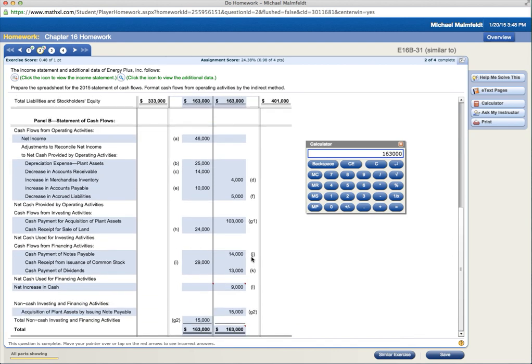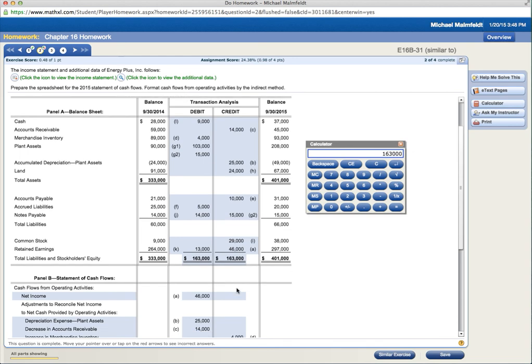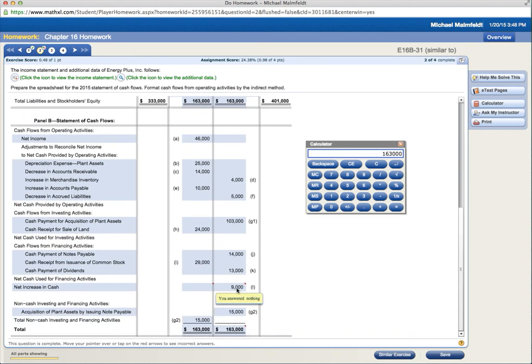So it's trying to tell me that this would be a $9,000 here. And then it would be in that column instead of the column that it's in. Yeah, it says I answered nothing. Okay, so I answered 9,000 here instead of 9,000 here.